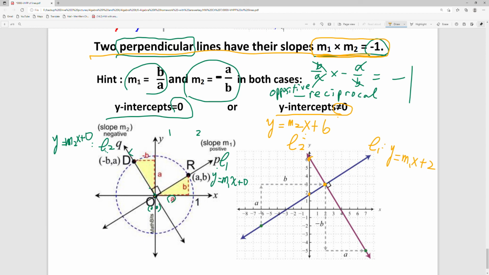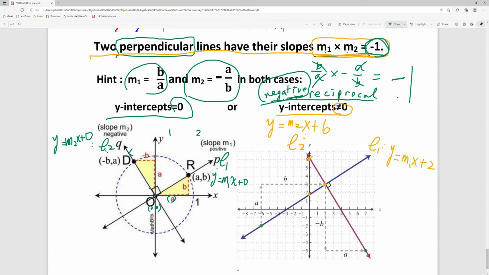Slope 1 and slope 2 are not a positive reciprocal, sorry, what is it? Negative reciprocal. Okay, slope 1 and slope 2 are negative reciprocals. In other words, slope 1 multiplied by slope 2 equals -1, not a positive. I said something wrong earlier. It's negative, not positive, because it equals -1.